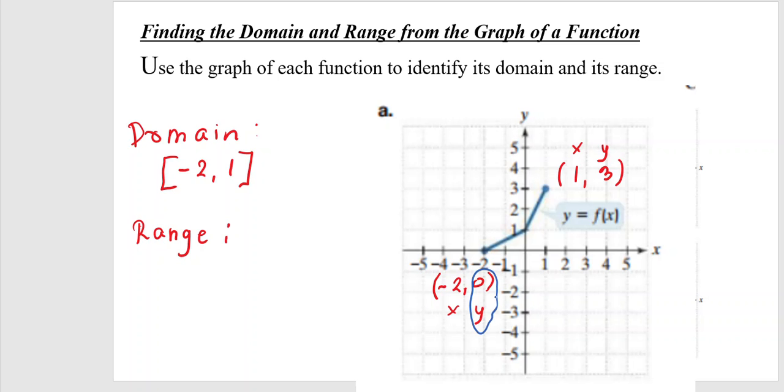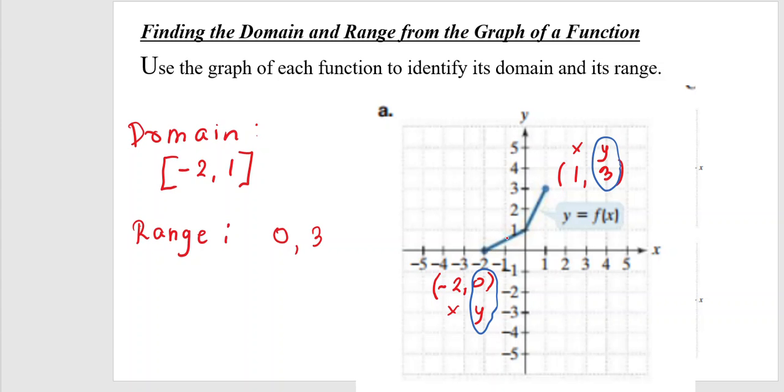0 value of y. And the highest point is 3 for the value of y. Therefore, we're going to say that the range is going from 0 up to 3.